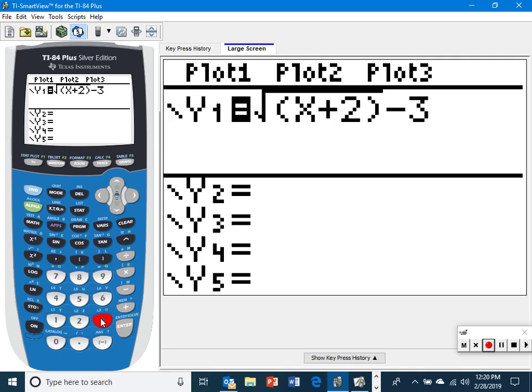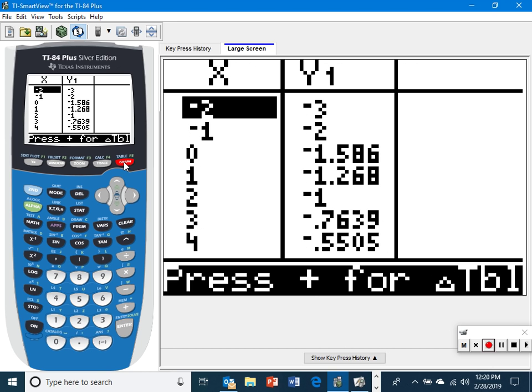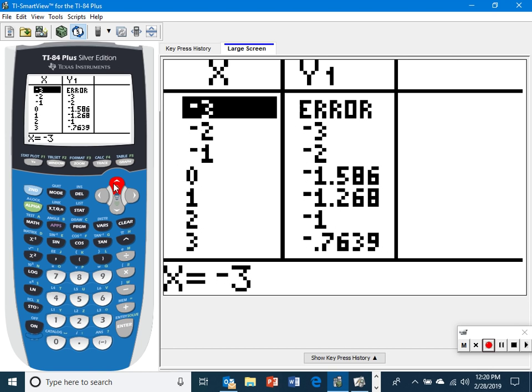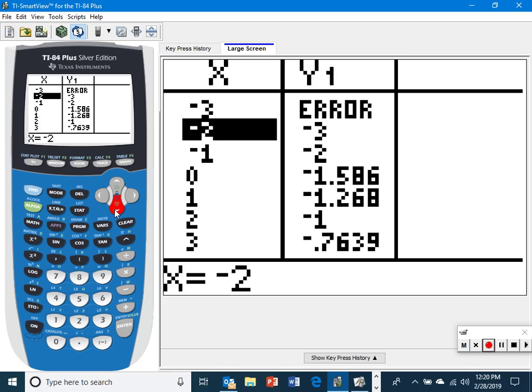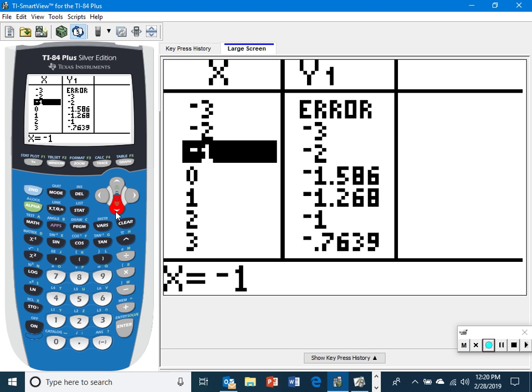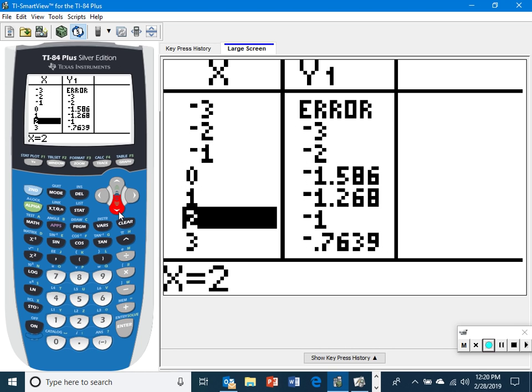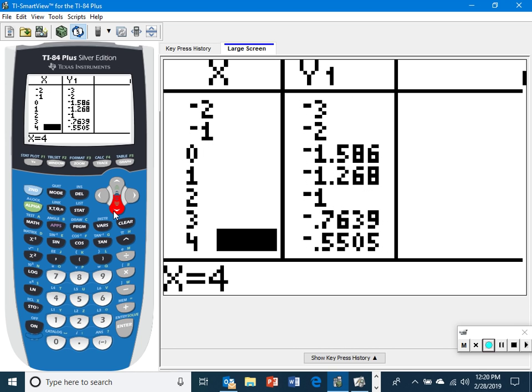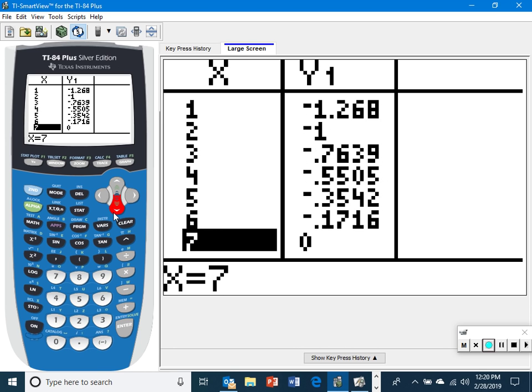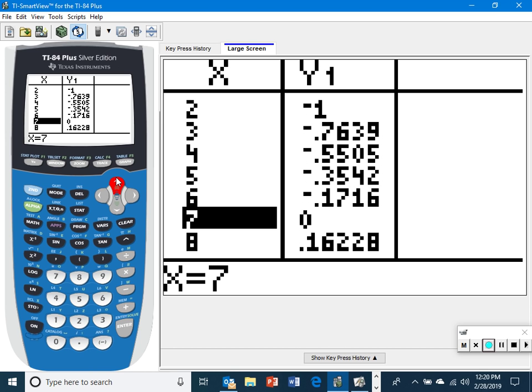Make sure that the minus 3 is not under the square root. You could go to the table, and you can see, starting right here, negative 2, negative 3 works. Negative 1, negative 2 works. 2, negative 1 works. Skip the decimals. 7, 0 works, and that's all that's going to fit.